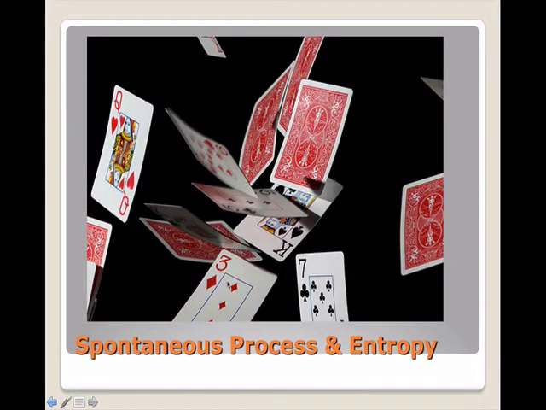And the example here is a deck of cards. If I take a deck of cards and I just toss it up into the air, if it was before arranged by suit and by value, like ace through king, what we're going to see though when I toss it up into the air is that the likelihood that they're going to land exactly how I toss them is very, very low.